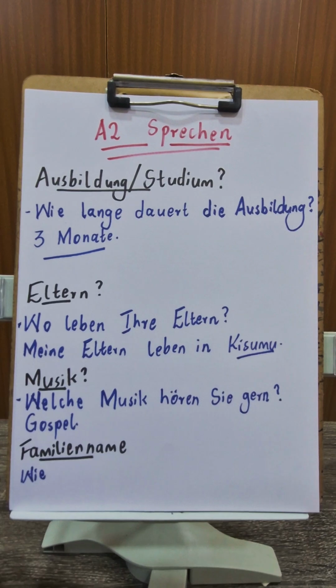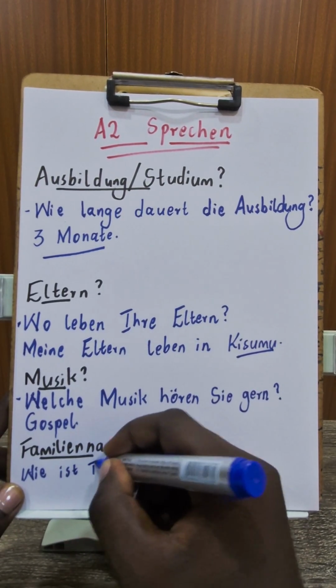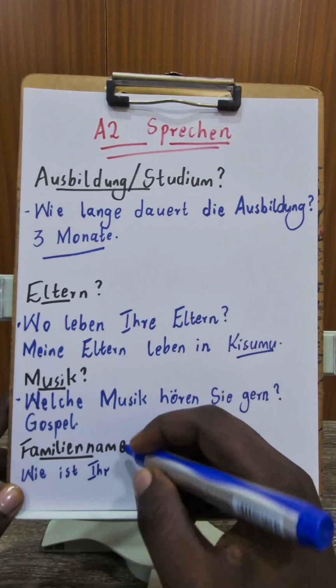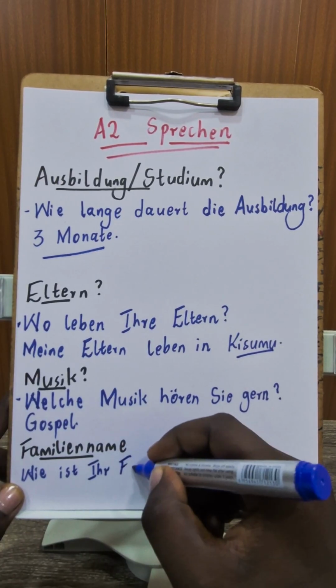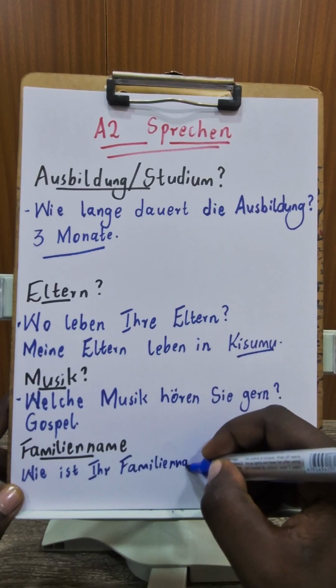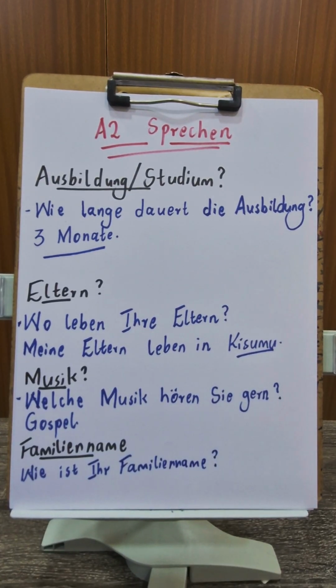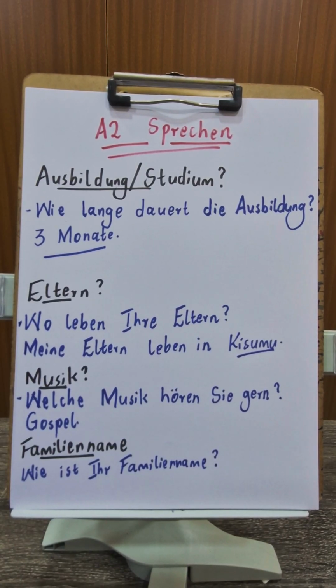It is not what, it is wie: wie ist Ihr Familienname? What is your family name? Wie ist Ihr Familienname?